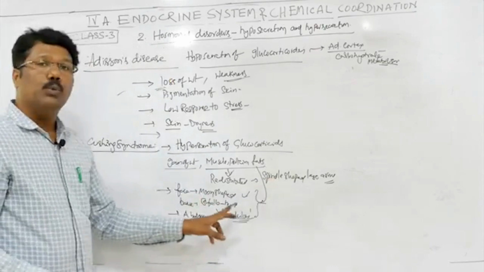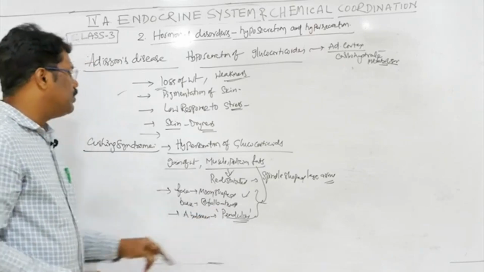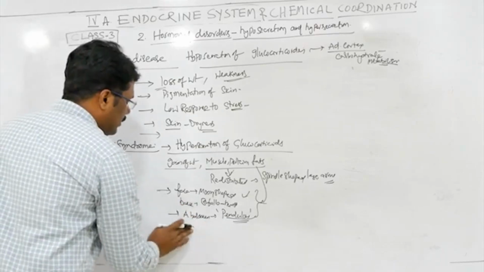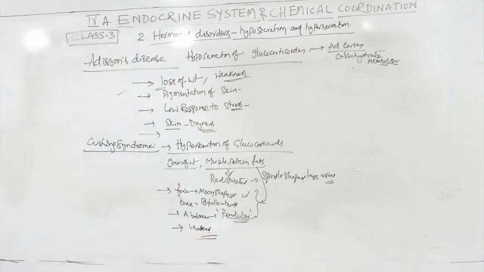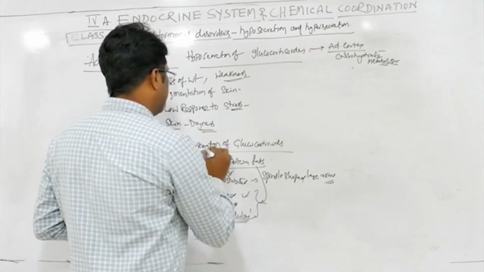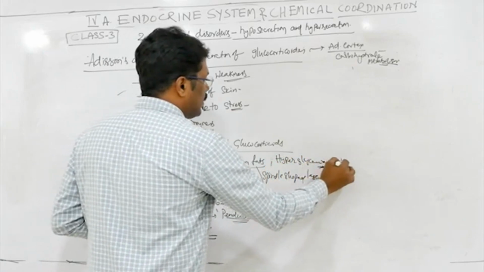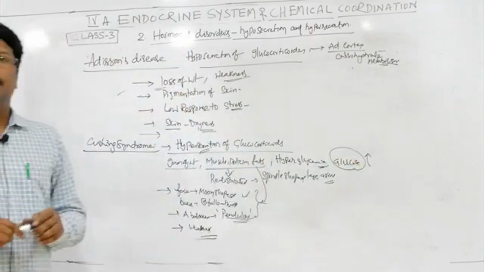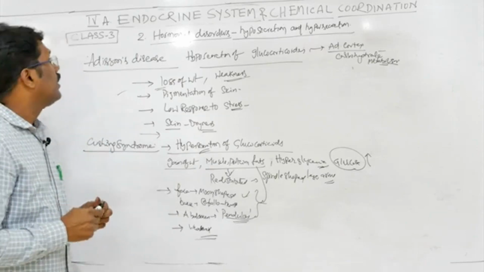That means face is moon shaped and back is having a buffalo like hump, and abdomen shows pendulous, and it is also concerned with lethargy. That means weakness. And because of this hypersecretion, hyperglycemia can also be found. Hyperglycemia, that means glucose levels are at higher levels. So these are some of the disorders of hormones in our second year zoology syllabus. Thank you very much.